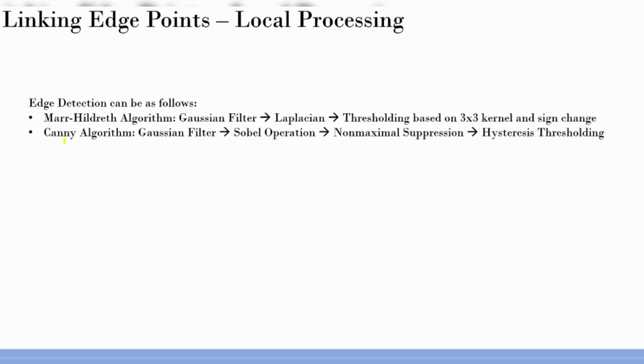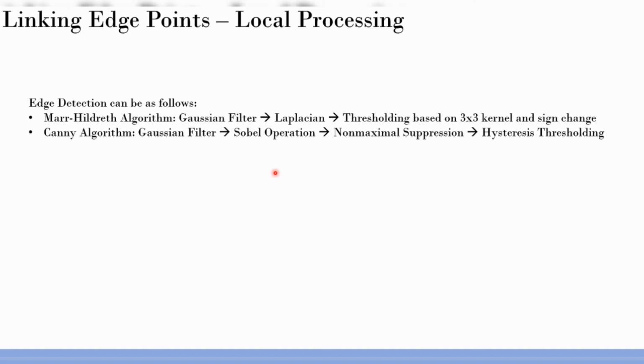And now the next one is the Canny edge detection, which is one of the most popular evergreen algorithms. Here again you start with a Gaussian filter because you need to remove the effect of any unwanted high frequencies getting highlighted, and then the differencing operation is done not by Laplacian, but by Sobel filters.